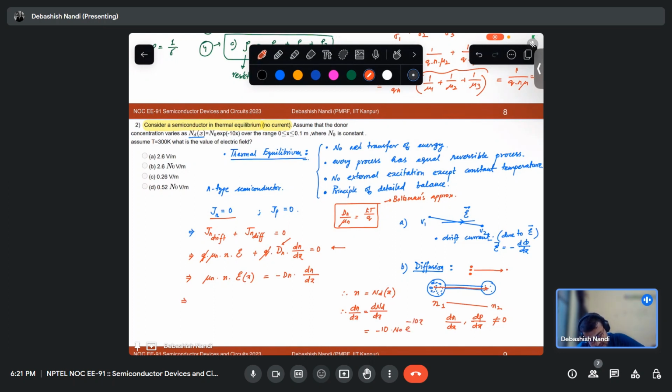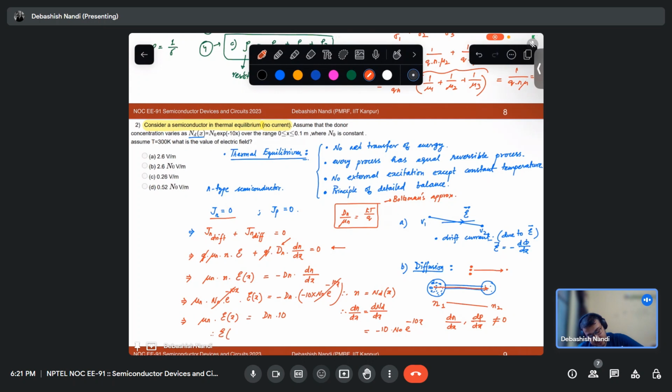On one hand I have mu n, and n is n0 e to the power minus 10x, into E of x, is equal to minus Dn into minus 10 into n0 e to the power minus 10x. The n0 and e to the power minus 10x I can cancel, and so mu n into electric field is equal to Dn into 10.